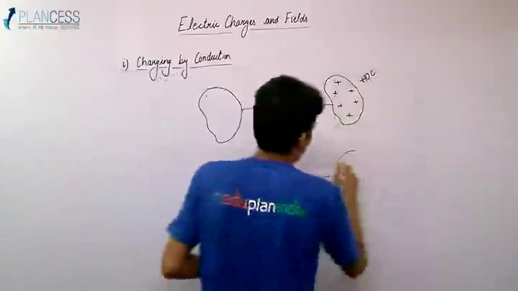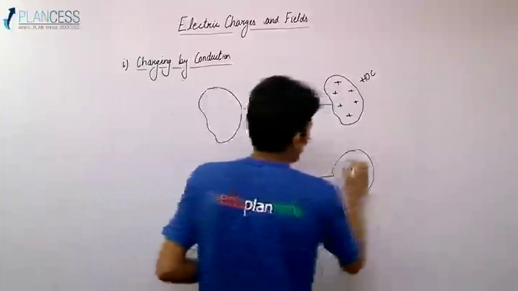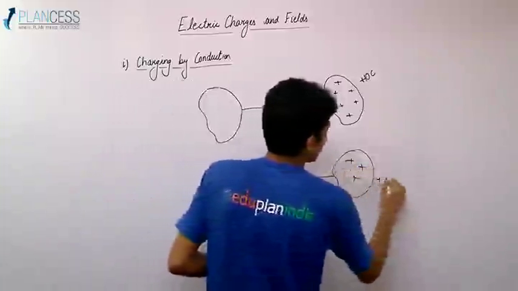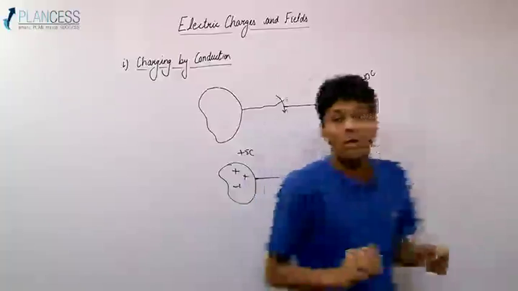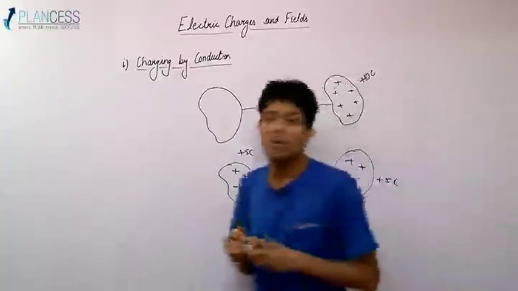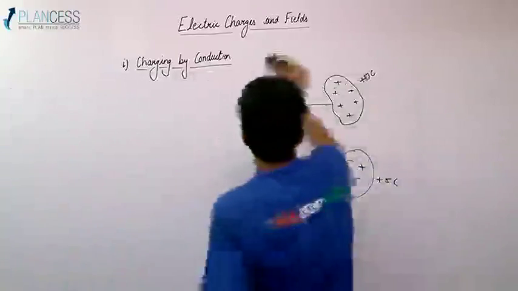Then after conduction, both the bodies will have +5 coulomb of charge. That is, charge will be equally divided, but only if both bodies are similar in shape, size and mass. So this is basically charging by conduction.